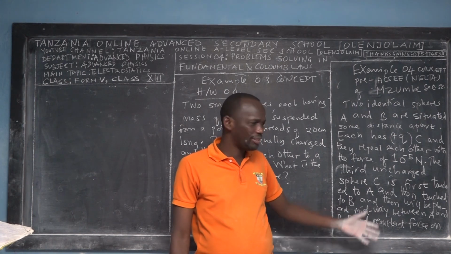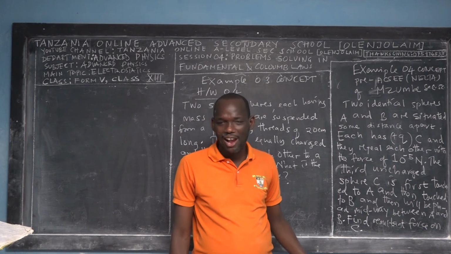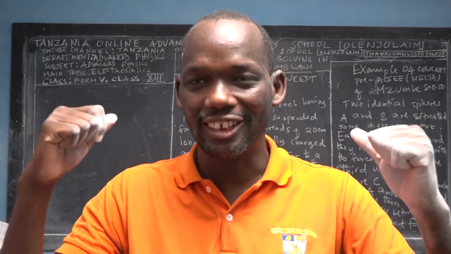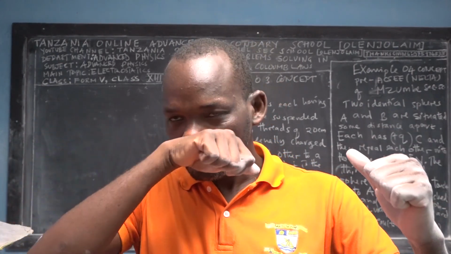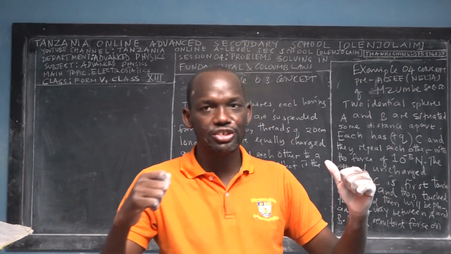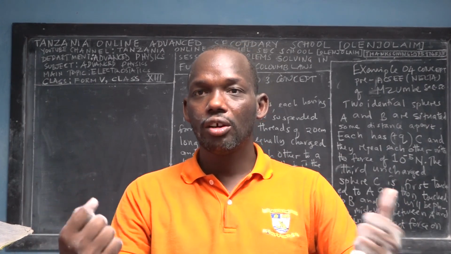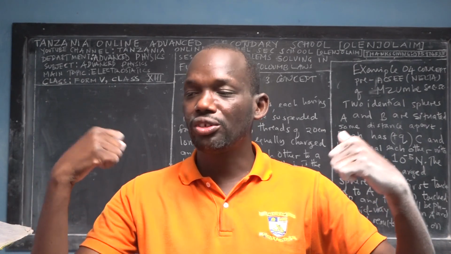Can you think? Pause the video and think about this question for a minute. How are you going to solve it? Suppose that you found this question in the advanced certificate secondary education examination, whether it is 2023, or 2022, or 2021, or maybe 2026.